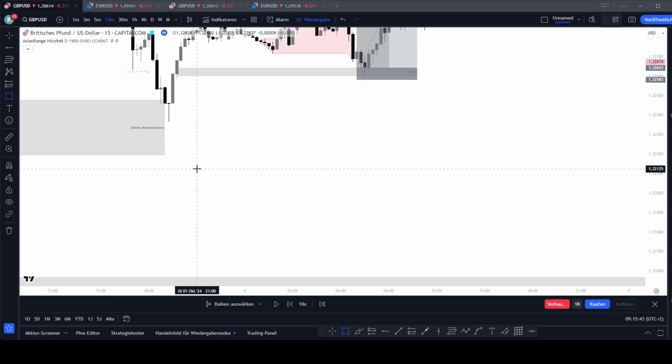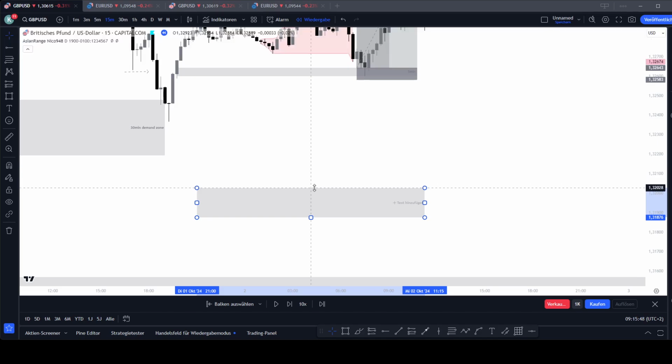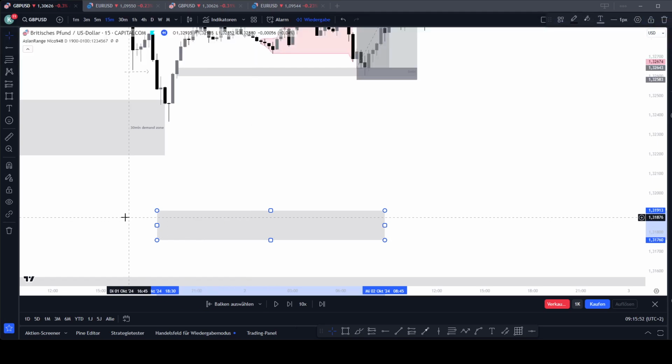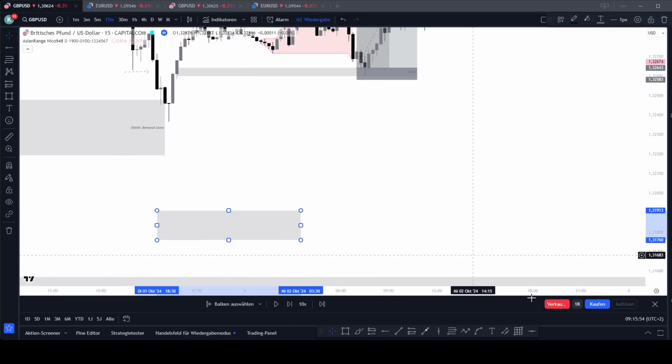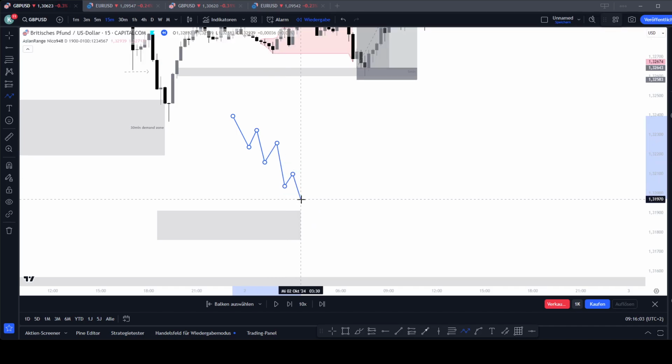Once there was a previous demand zone or a supply zone, depending on if you are looking for a buy or sell. If you are looking for a buy, for instance, and there was a previous demand zone that was created at a certain point in time, and price started selling downwards, creating lower lows, lower highs, lower lows, lower highs.